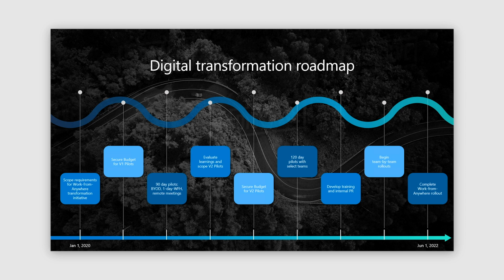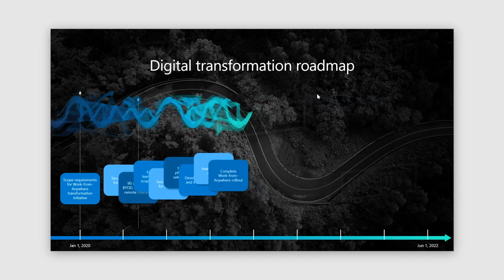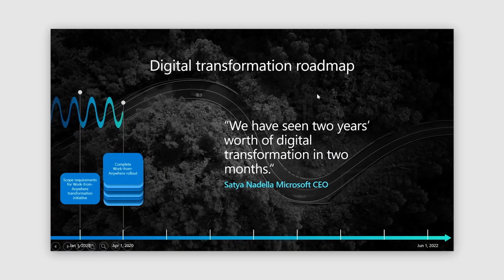For organizations, the digital transformation roadmap looked like anywhere from several months to years. In response to COVID in the last few months, the digital transformation roadmap has dramatically shrunk. We have seen customers deploy identity security features like conditional access and MFA in a matter of weeks, which would usually take them months or years.